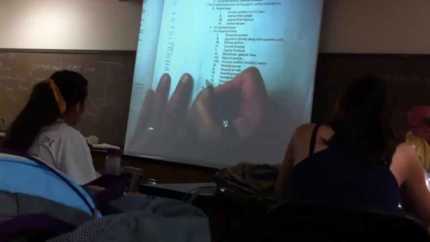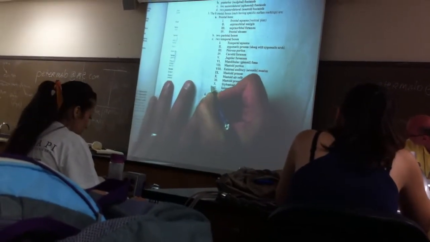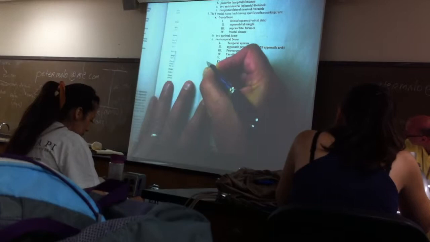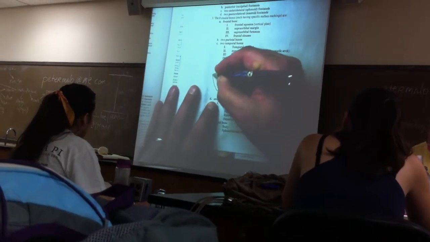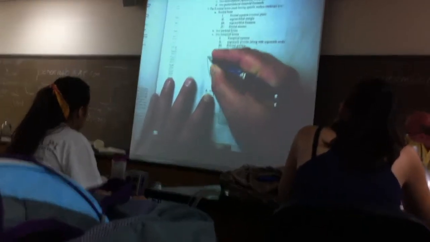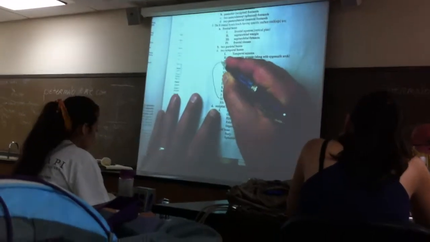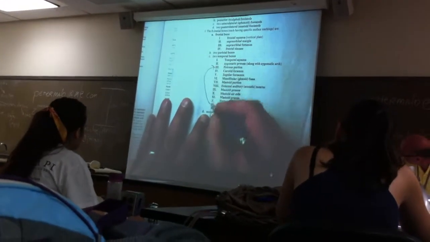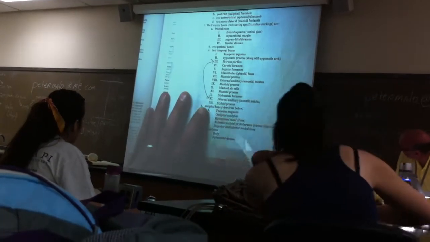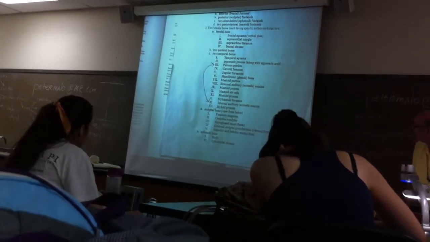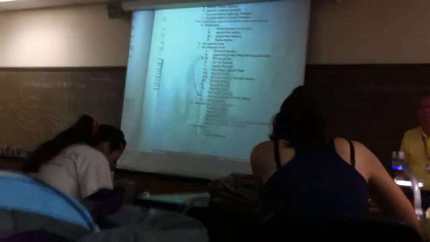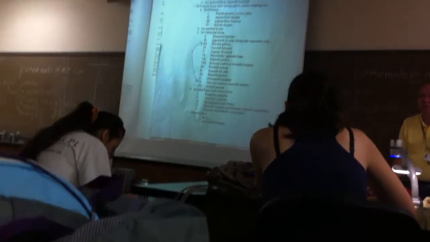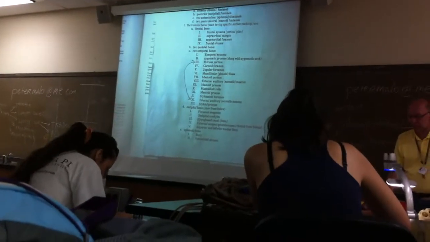Okay. And I want you to draw an arrow and connect the internal auditory meatus with number 3. That's called the petrious portion. Okay? Number 3 is called the petrious portion.